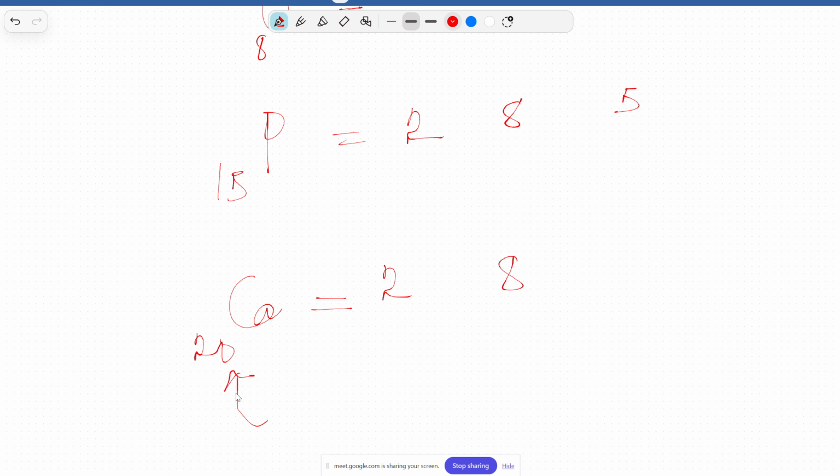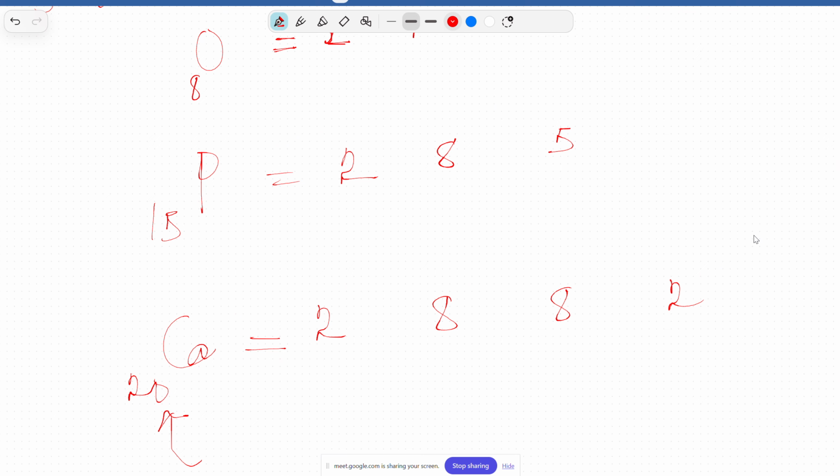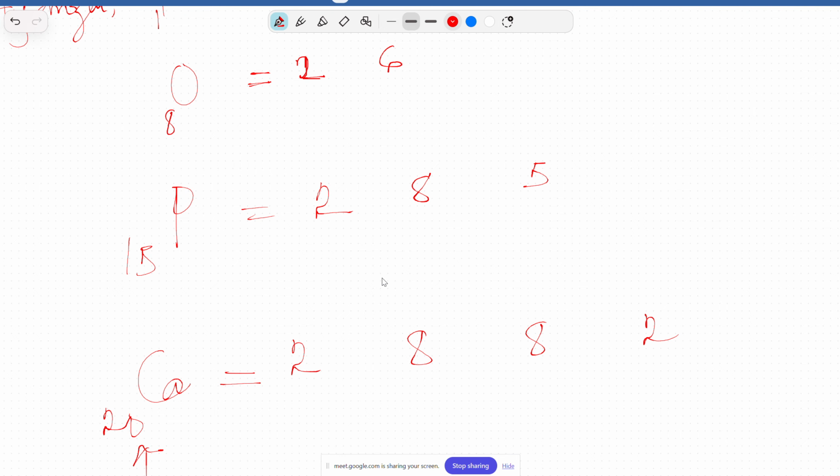That is what you want to do. Atomic number as a guide, provided it is a neutral atom. 2 8 8 2. Yes. 2 8 8 2. Okay, 2 8 8 2. Thank you.